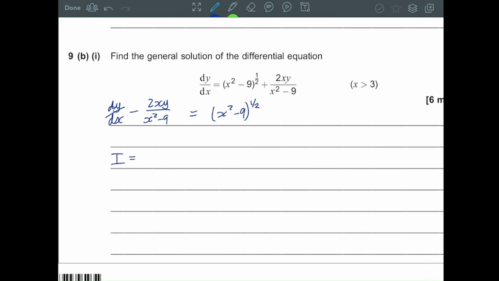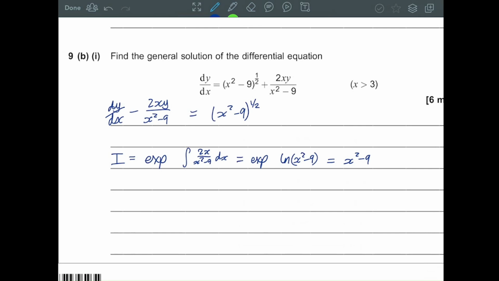So our integrating factor is going to be e to the power of the integral of that thing. And it turns out incredibly nicely because that is just a derivative over an original. So my integrating factor is x squared minus 9.